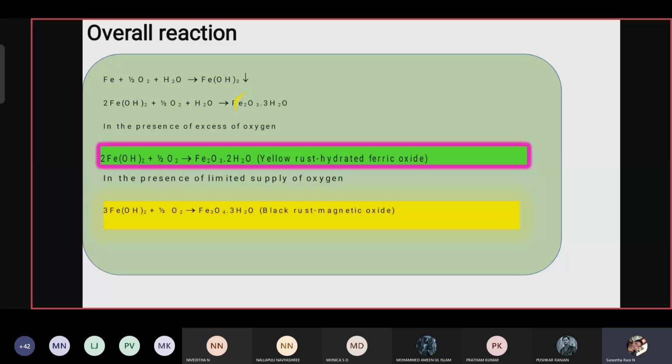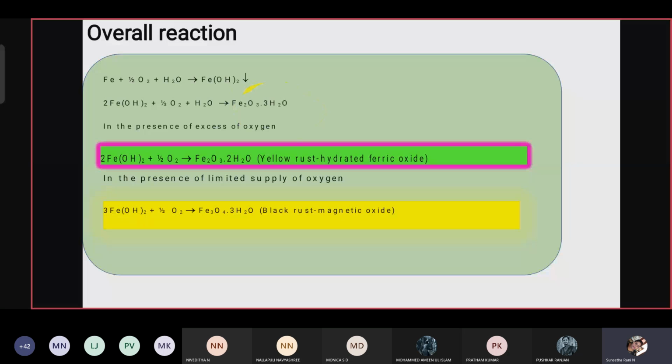In different conditions, if you limit the supply of oxygen instead of giving more oxygen, a rust will form, but the color of the rust changes. It forms yellow rust. Here the rust is a red colored layer, because there is no limitation on the oxygen.